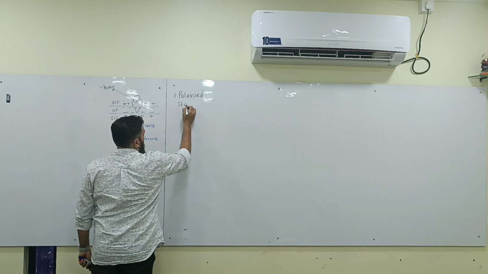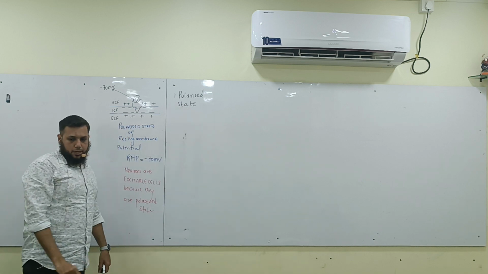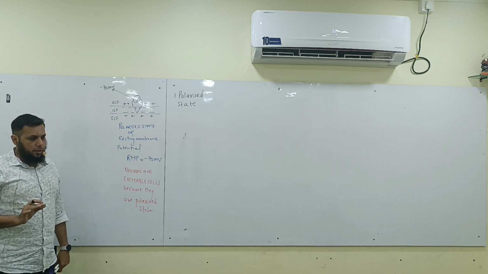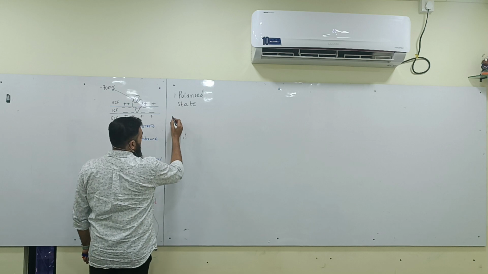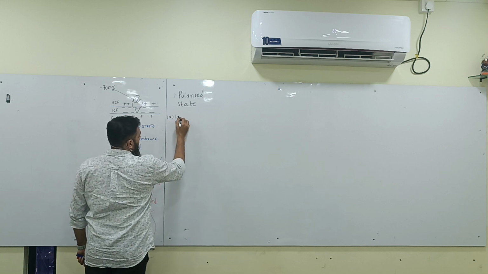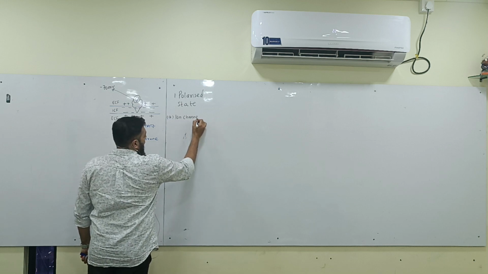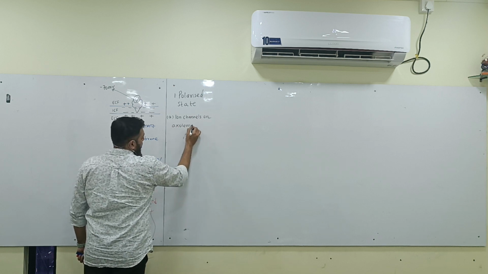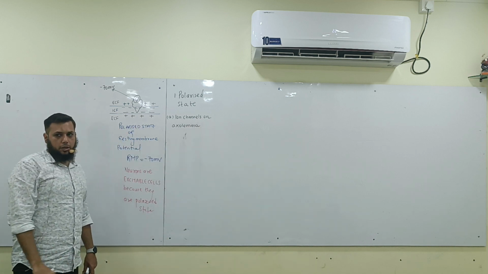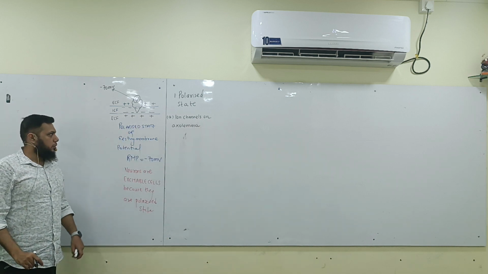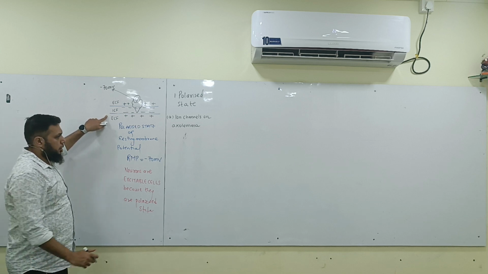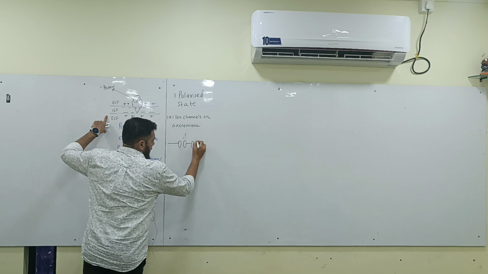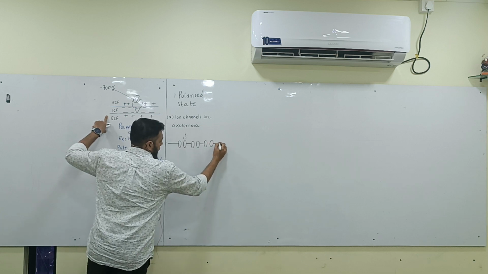Now we'll look at the different reasons that make the axolemma polarized, or make the neuron polarized. Okay? The first reason is the presence of ion channels on the axolemma. Do you remember the axolemma? Now this axolemma shows the presence of ion channels.